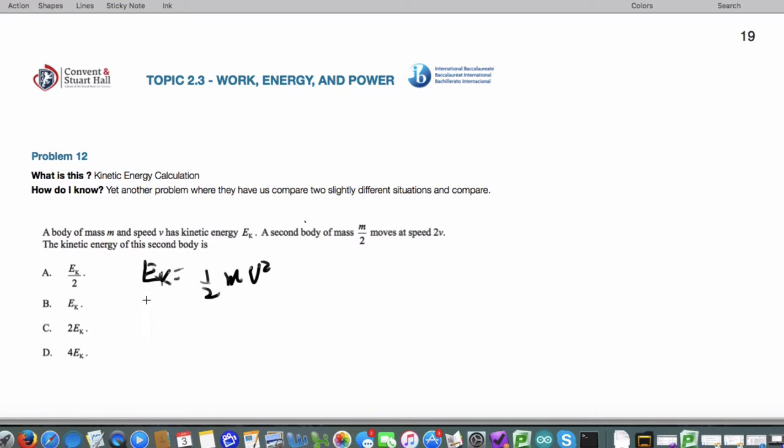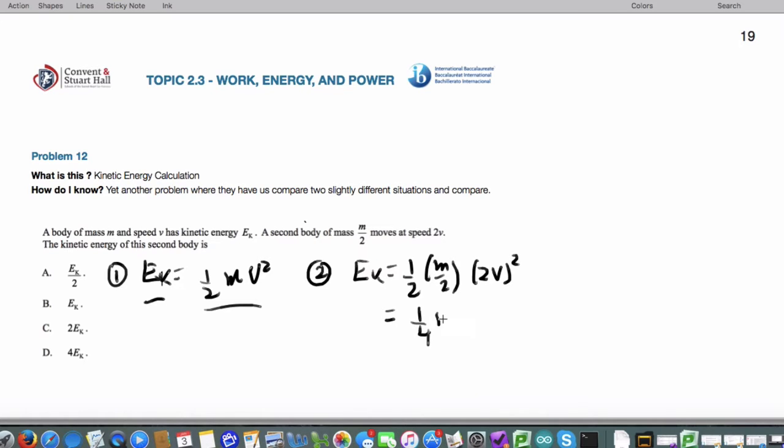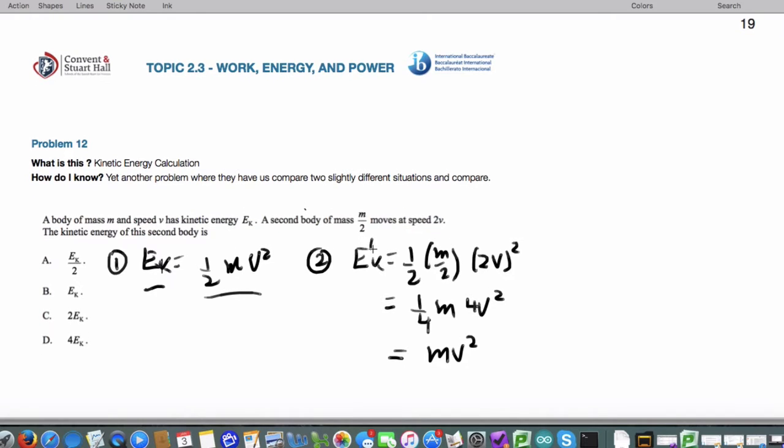All right, so this is the first mass. 1/2 mv squared is its kinetic energy. And then for the second mass, we have EK equals 1/2 m over 2 times 2v squared. So this ends up giving us 1/4 m times 4v squared, which gives us mv squared for the second kinetic energy versus the first.